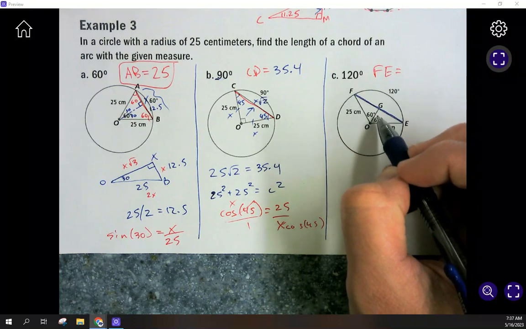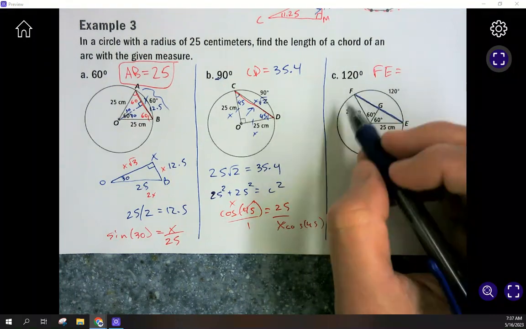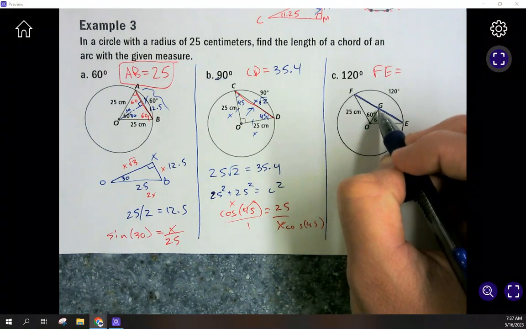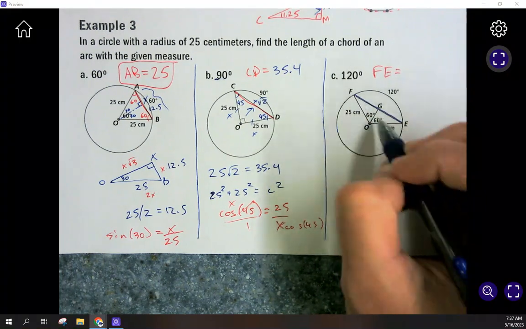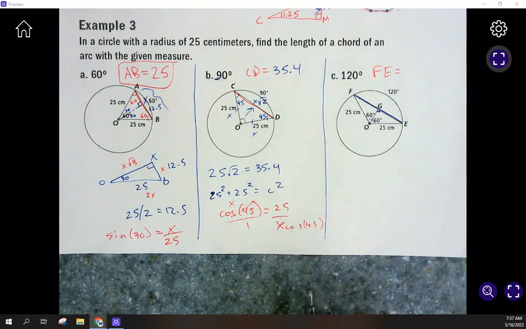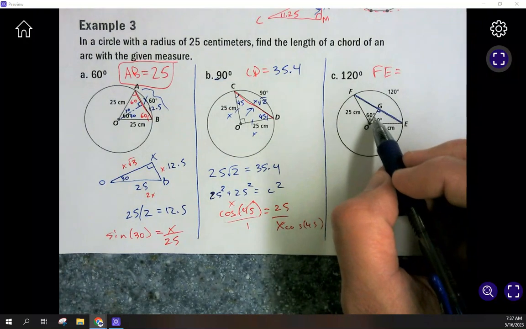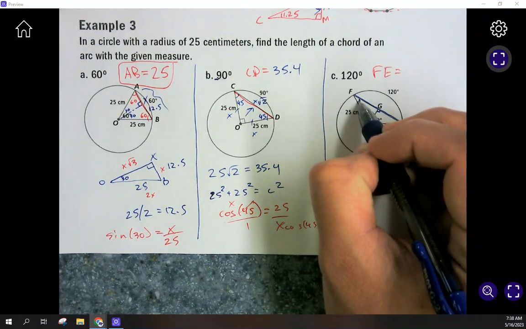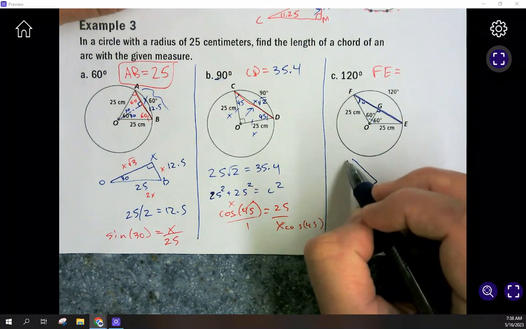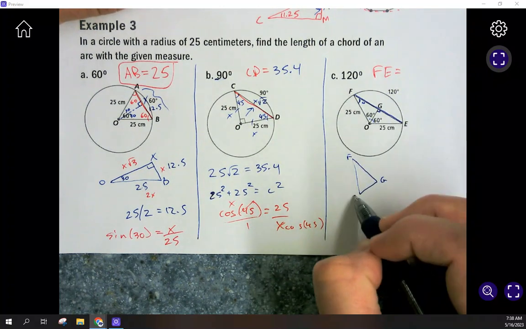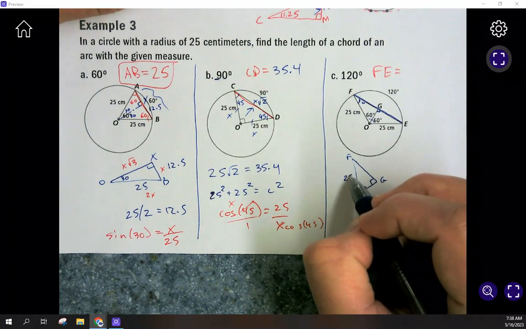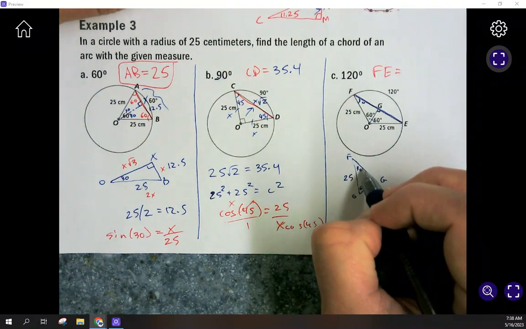Because I have a 120 in here, that's not creating a special triangle. But if I go ahead and draw the line, which is the height of this isosceles triangle, I know that it splits that 120 into two equal angles. So now I have a 30, 60, 90. If I pull out one of those 30, 60, 90s, this is FGO. This is my 60. I know that this is 25. This is my 30.